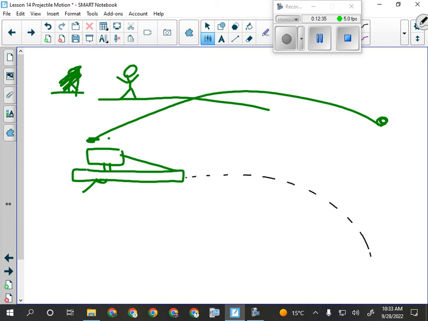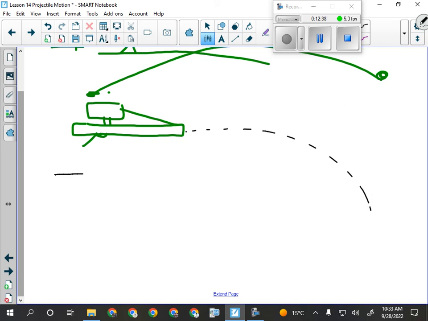So, if somebody drives off of a cliff, not that they would, I'm not saying they would, but if they did, when that arc starts to happen, at first it's mostly horizontal, but it very quickly becomes mostly vertical, right? And the reason for that isn't that it's no longer moving horizontally.